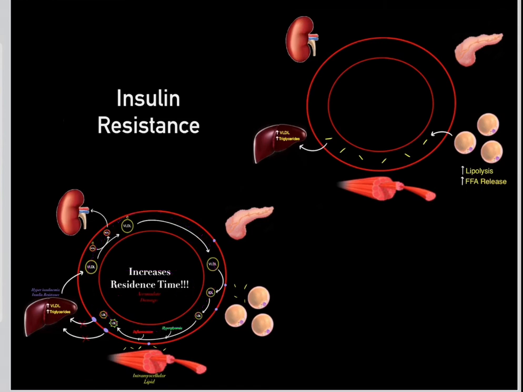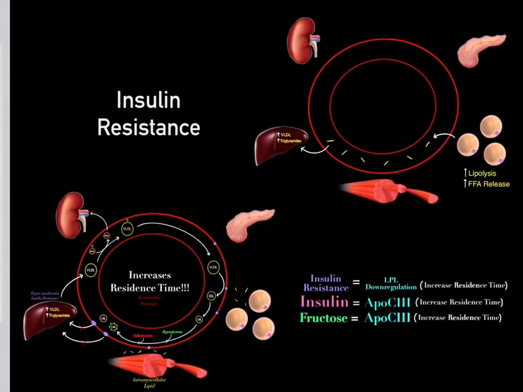And in cardiology circles, this is a huge issue. This increased residence time is very pathological and is associated with cardiovascular disease. So increasing residence time, aka increasing the amount of time these lipoprotein particles stay in the bloodstream, increases cardiovascular disease.